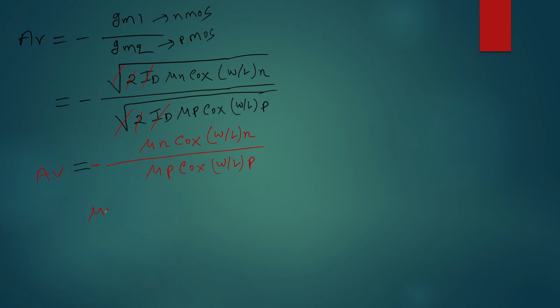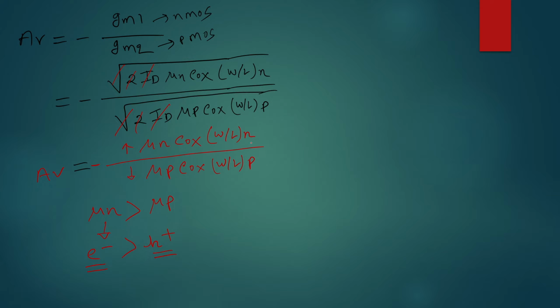And we know that the mobility of the NMOS is greater than the mobility of the PMOS. In NMOS the majority carrier is electron, and in PMOS the majority carrier is hole. We know the mobility of the electron is higher than holes. By using this concept, your mu n COX value is greater than the mu P COX value.